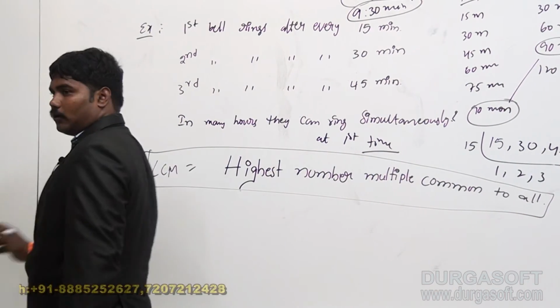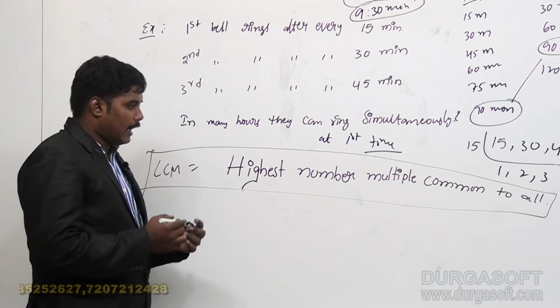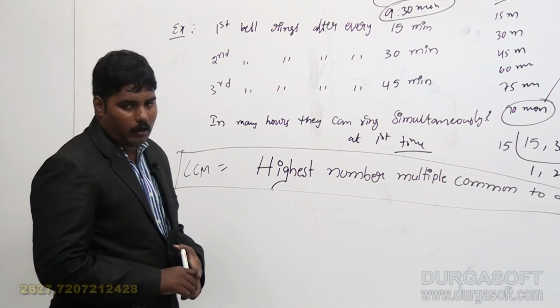This is the conclusion I have given you: LCM is nothing but the highest number multiple common to all.